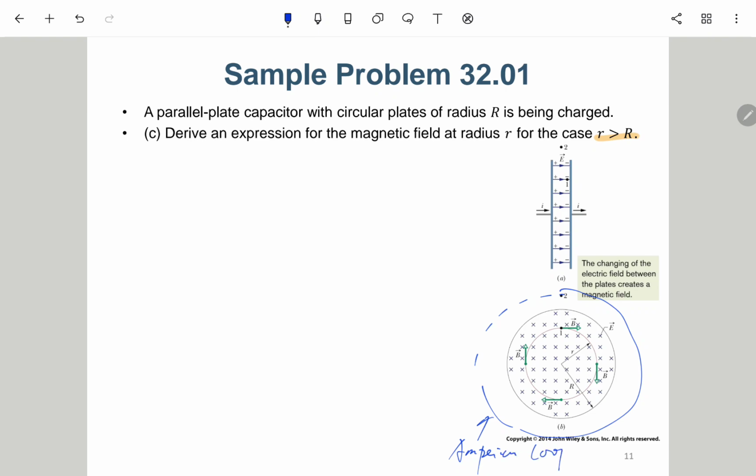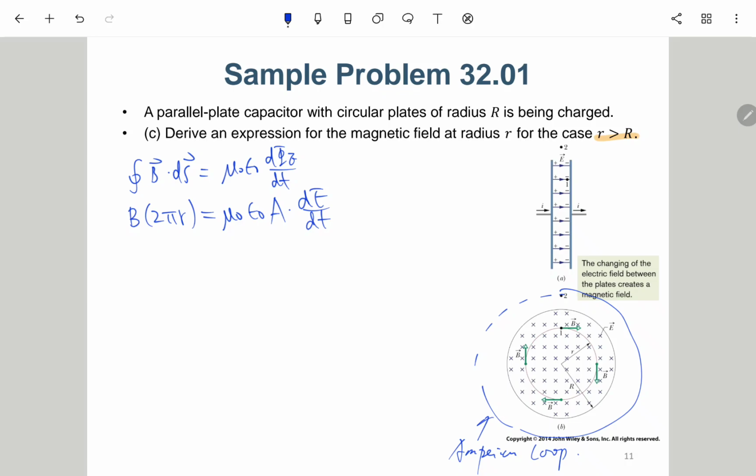In that case, the integration of B dot ds equals mu naught epsilon naught d phi E dt. On the left side we have B times 2 pi r, and on the right side we have mu 0 epsilon naught A dE dt, just as before. Okay, I won't repeat it again.